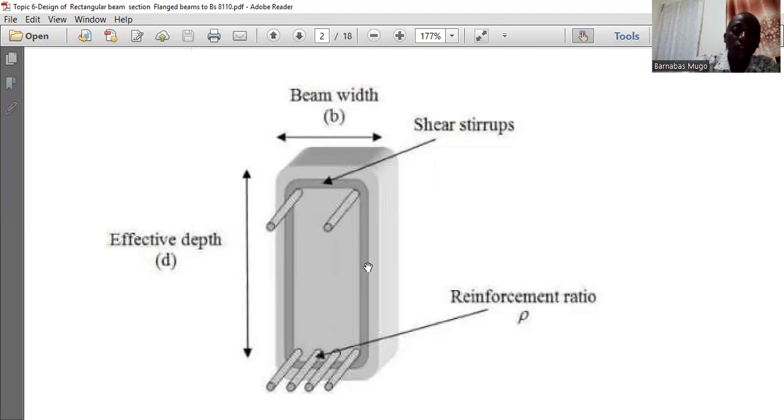Then from that stirrup, you can see that there is a layer, that is the cover. Whatever is covering that stirrup is the concrete cover. So at the top, these are the compression reinforcements, while at the bottom, they are for the tension reinforcement.